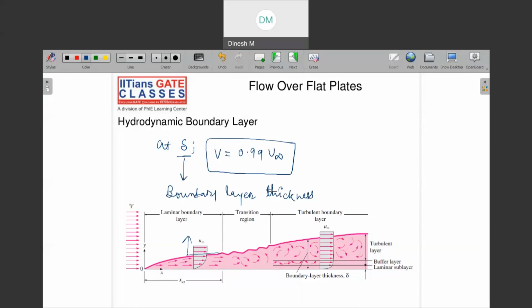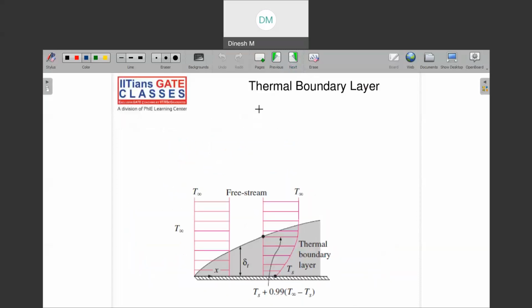Similarly, like we have seen the hydrodynamic boundary layer, similar will be the case when you are trying to analyze it thermally, okay? So what is the thermal boundary layer now? You have seen that the no slip condition was existing at the point of what? Contact, where the fluid comes in contact with the plate.